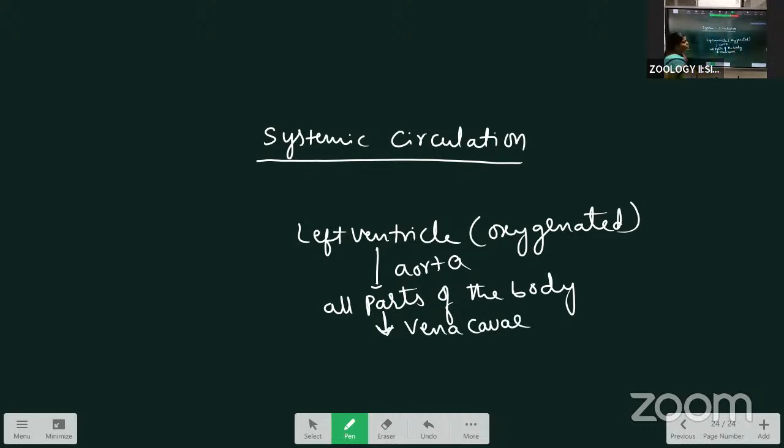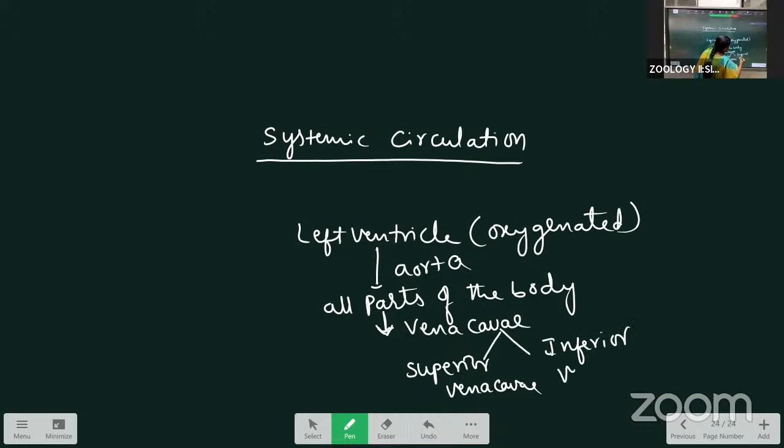Already we discussed the superior vena cava and the inferior vena cava, also called the pre-caval veins and the post-caval veins. Both of them are collecting the deoxygenated blood.